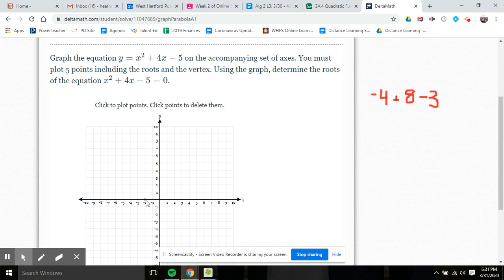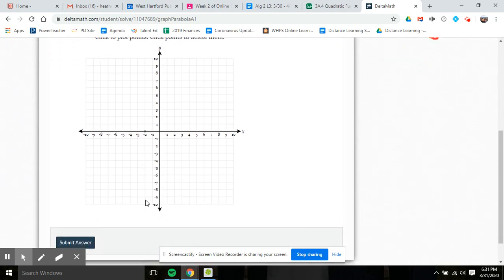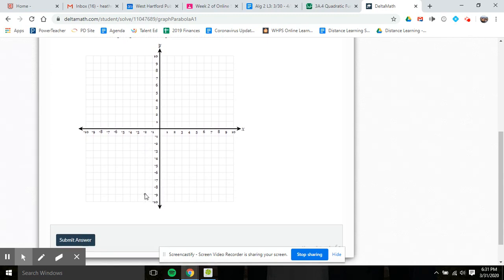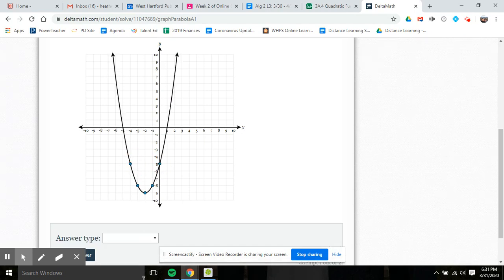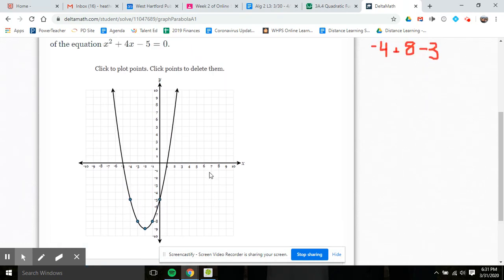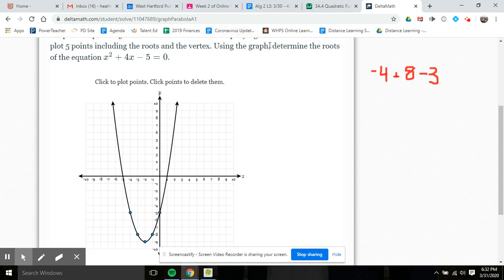If I were to graph this, hang on, let me think really quickly. The axis of symmetry would be negative 4 over 2, so that would be at negative 2 again. If I plugged that in, that would be 4 minus 8 would be negative 4, minus 5 would be negative 9. So now looking at this, the question says using the graph, determine the roots of the equation.